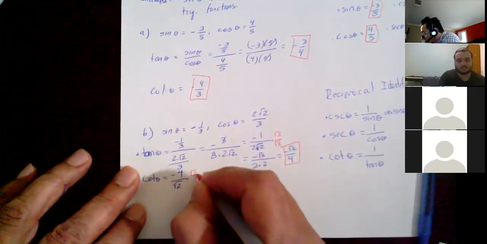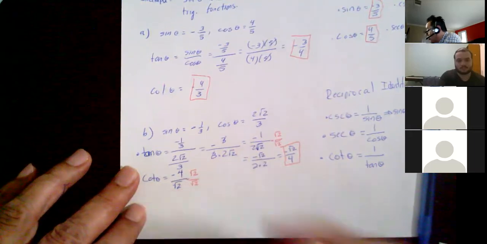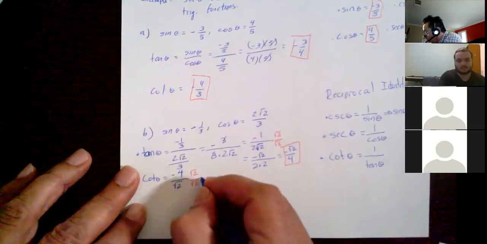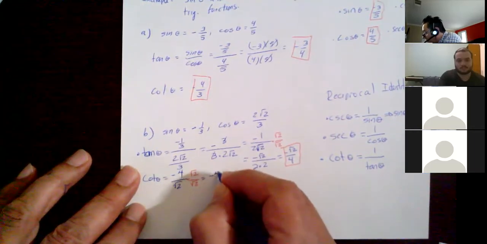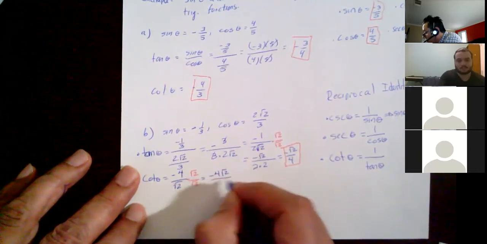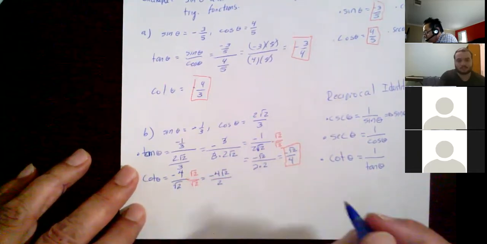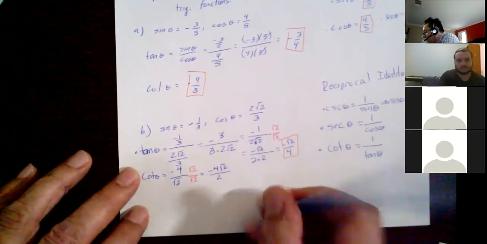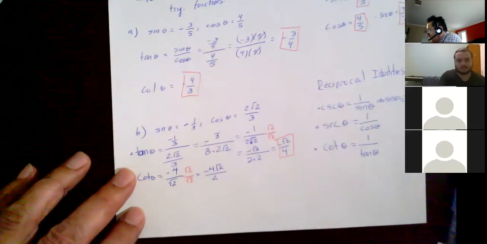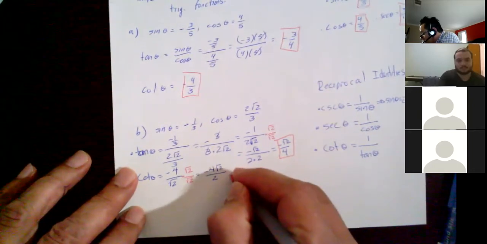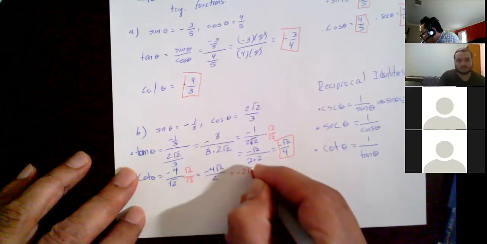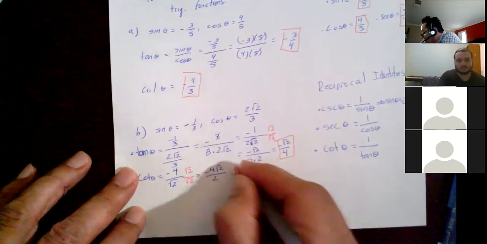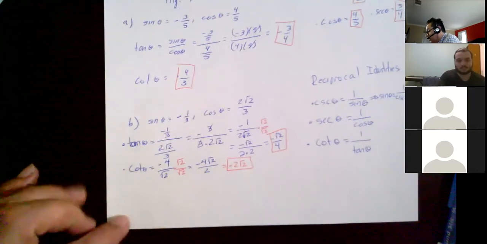I'm going to multiply by square root 2 on both. And now what I have is -4 times the square root of 2 divided by 2. If we simplify, this equals -2 times the square root of 2. That will be the cotangent.